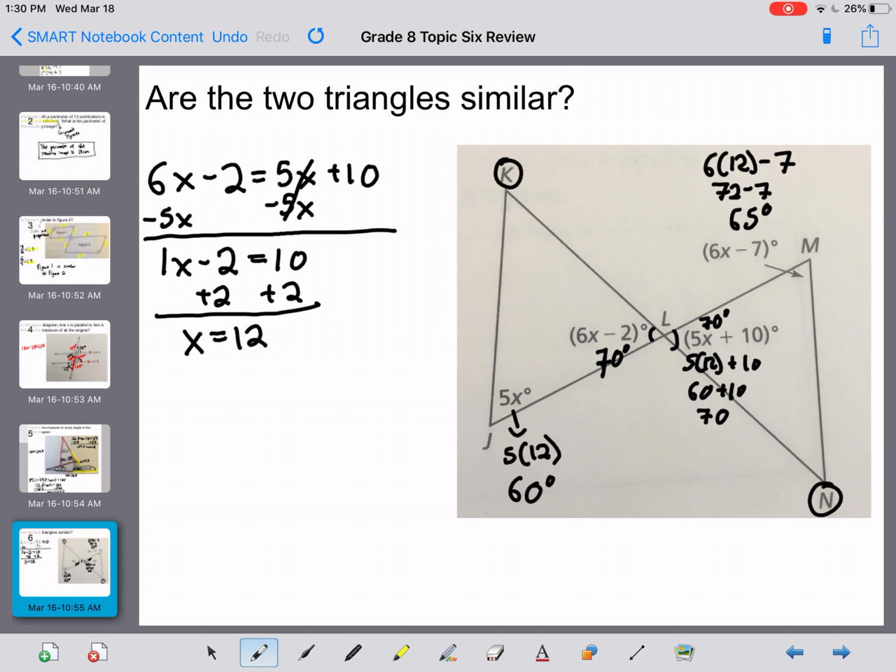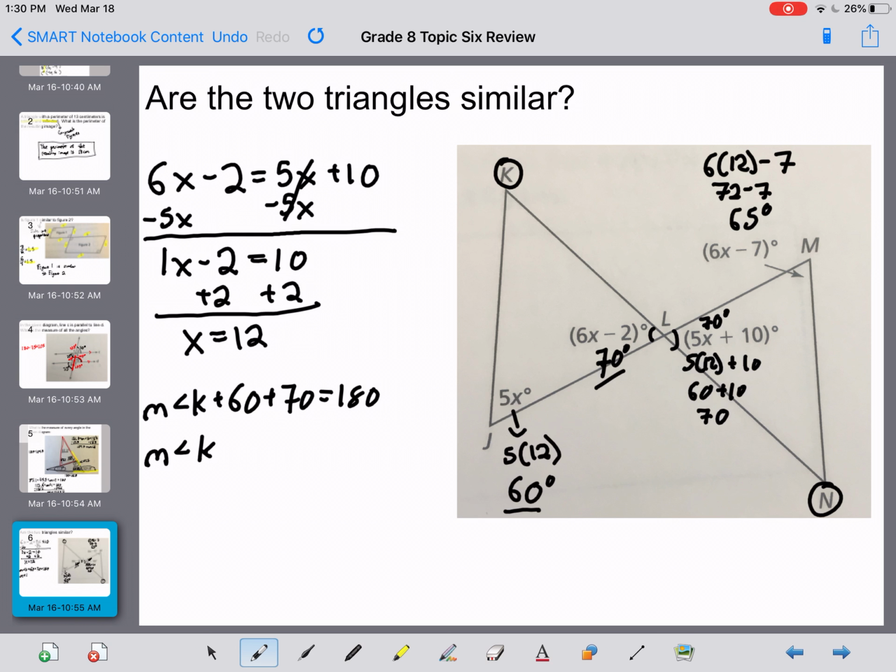I'm going to look at measure of angle K first. I have 60 and 70 in my triangle. I know that the triangle has to add up to 180 degrees. So the measure of angle K plus 60 plus 70 has to equal 180 degrees. 60 plus 70 is 130.